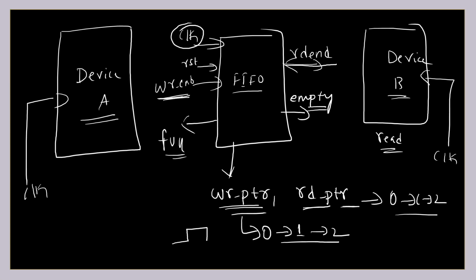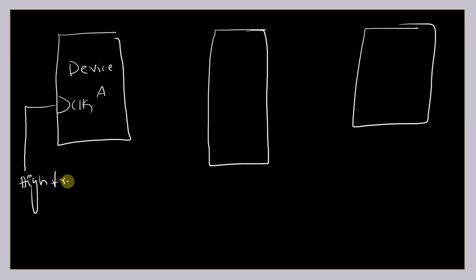Now, the problem arrives where, let's say I have a device A and device B. Let's say I'm going to use a FIFO over here. Now, this device A is going to have a high frequency clock with it, and device B is going to have a low frequency clock with it.